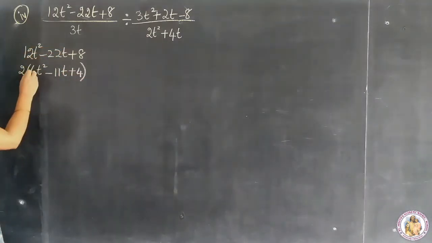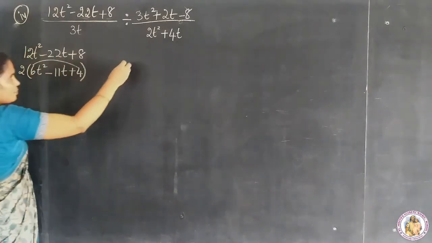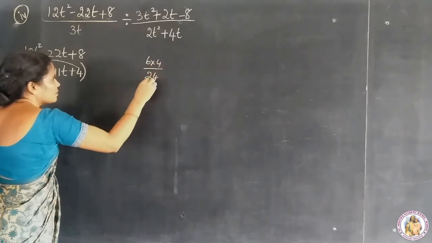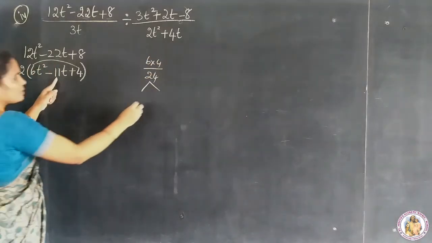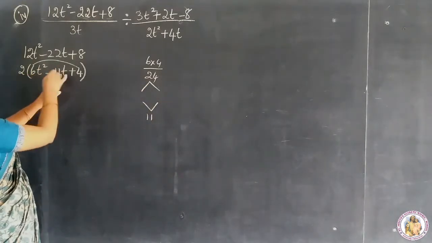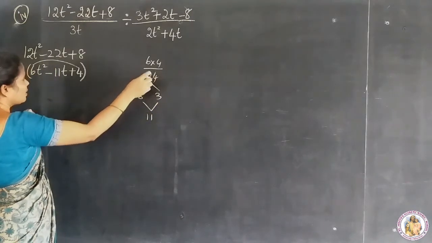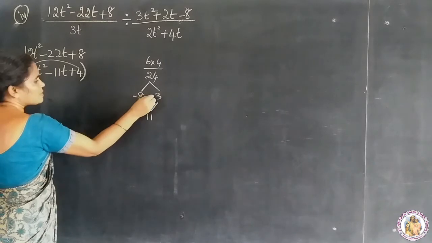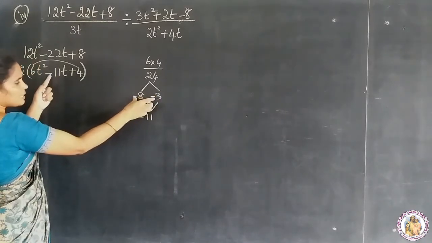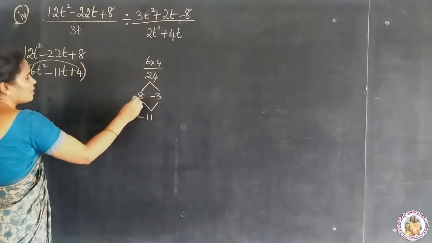Okay, now take factors. 6 4s are 24. 6 into 4, 24. You must get 11. 8 3s are 24. So same sign, we must get minus 11. So same sign, add minus 8, minus 3, minus 11. So minus into minus, plus.